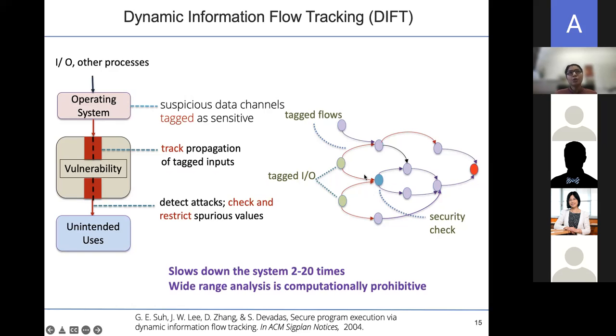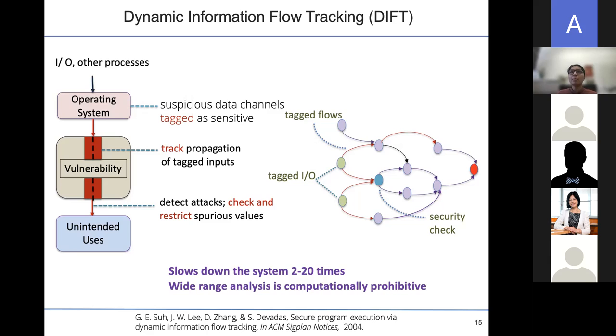DIFT is shown to be working well, with very good detection probability. But the issue is that it slows down the system 2 to 20 times, and hence wide-range implementation of DIFT is computationally prohibitive. So we asked this question: we have this very nice detection mechanism with a really good detection rate, but it introduces this performance overhead and slows down the system.